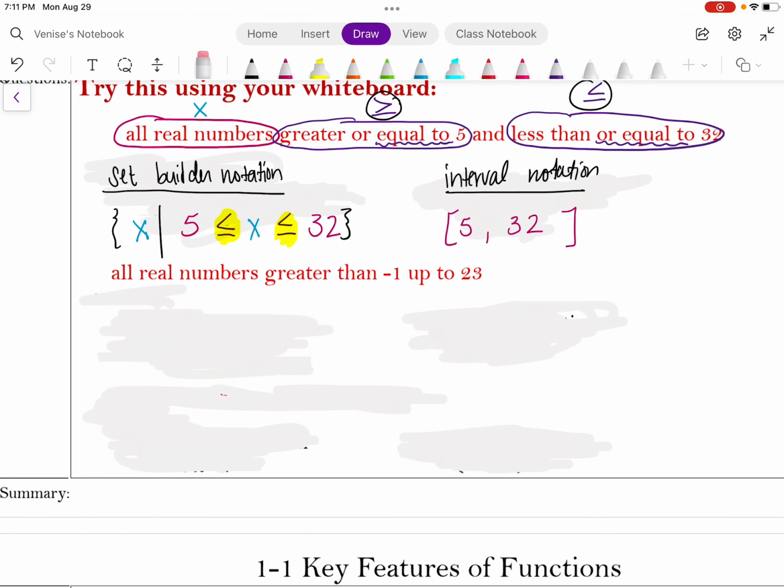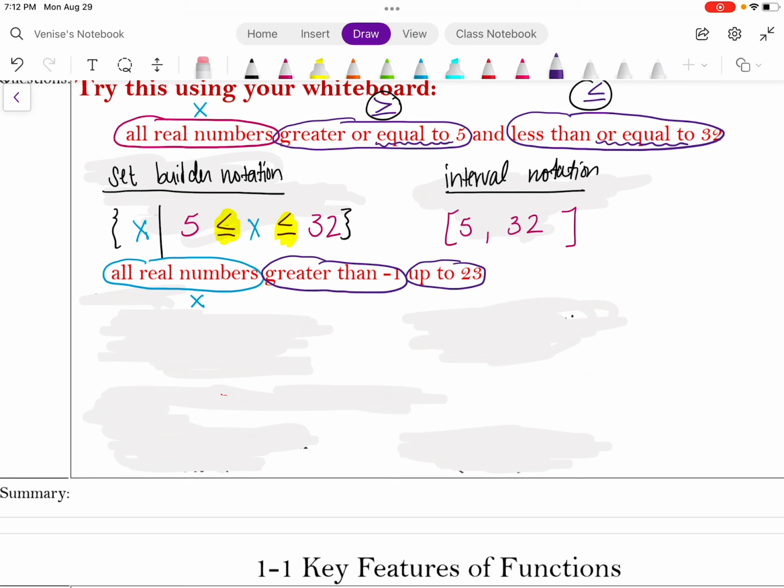Let's try the next one. All real numbers greater than -1 up to 23. So let's analyze it. All real numbers. Let's choose x again, greater than -1, up to 23.